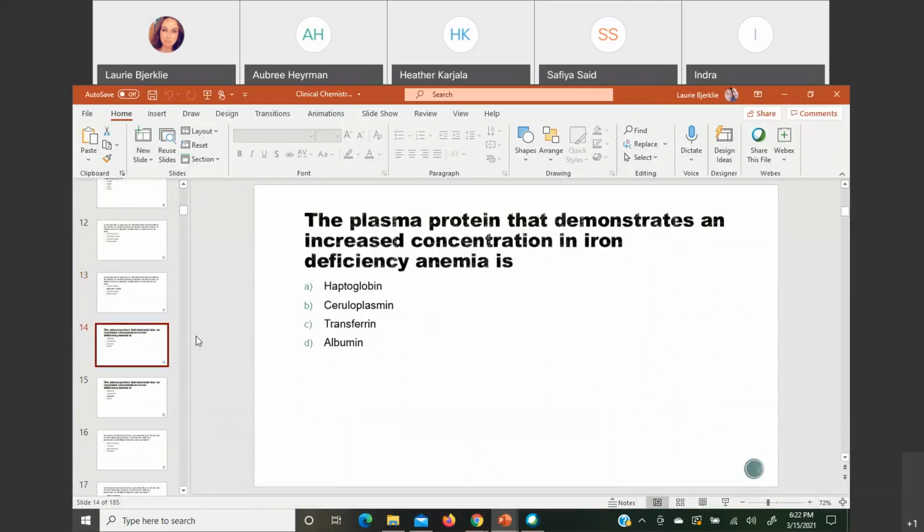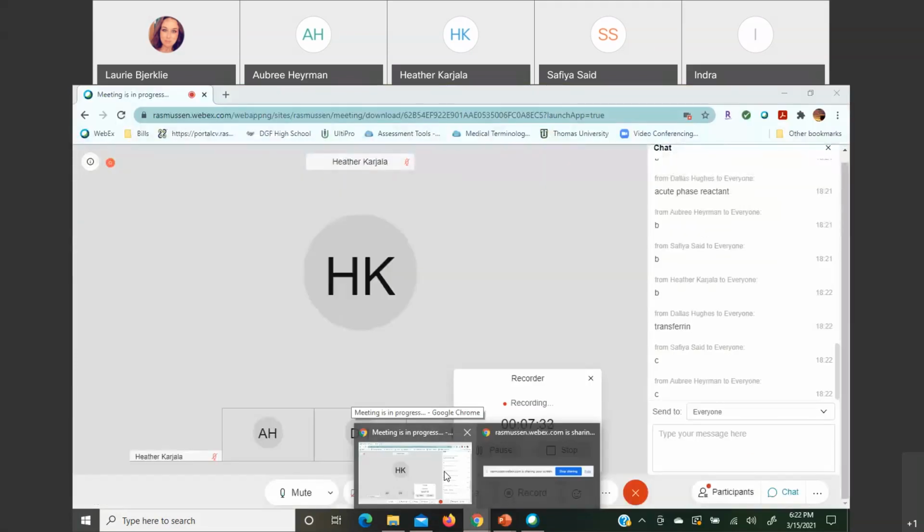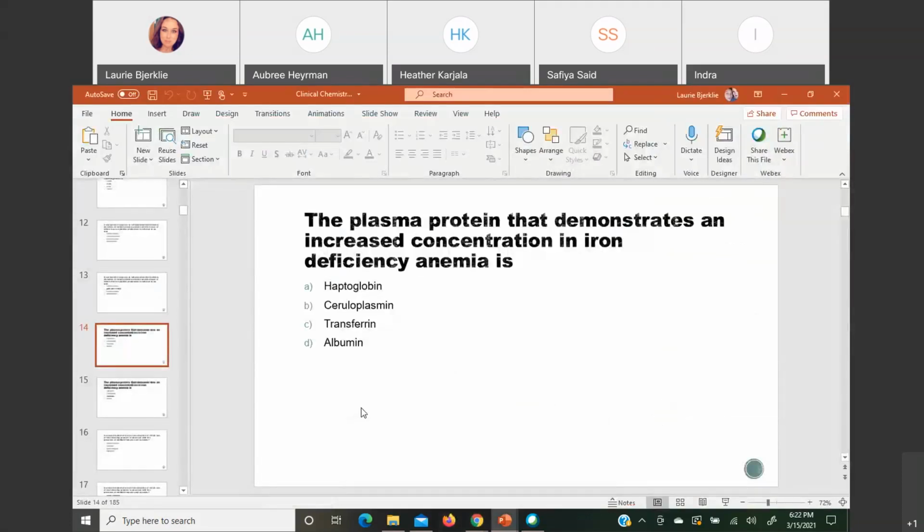All right, the plasma protein that demonstrates an increased concentration in iron deficiency anemia is, so what one is increased in iron deficiency anemia? All right, so I'm seeing some transferrin. It is transferrin.